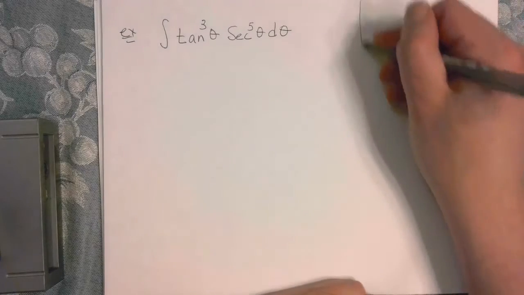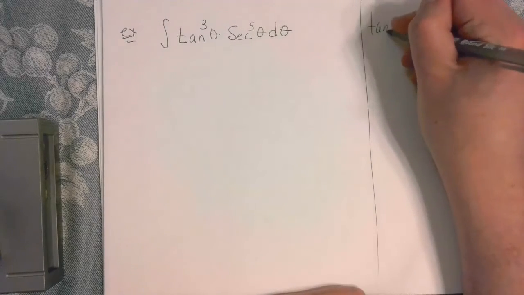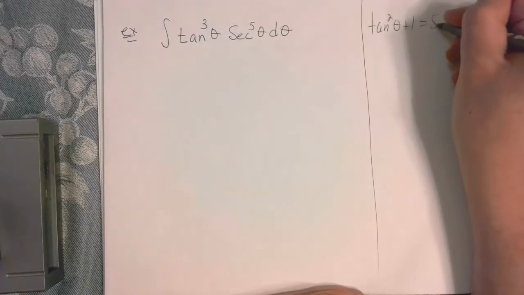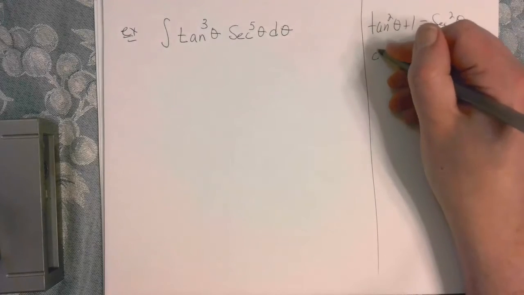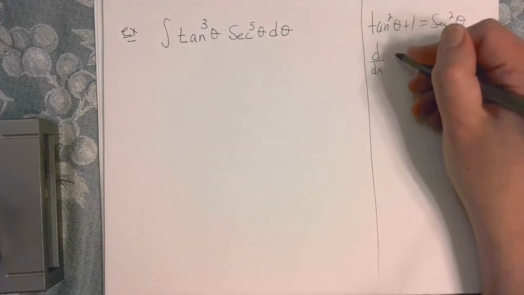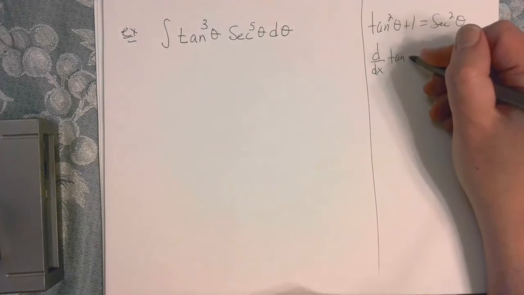Now, I mentioned before, it's a good idea to write down the Pythagorean identity and then just quickly the derivatives of tangent and secant.